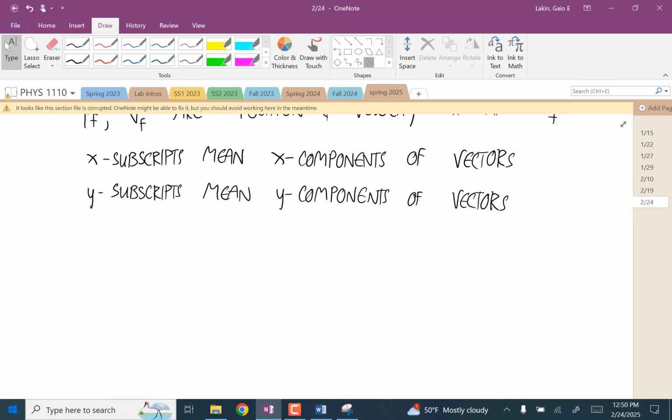So I'm going to start by writing out the one-dimensional equations. We had one that said V final is equal to V initial plus A TF. Leave room for some subscripts here because we're going to put some X's and Y's in these. And leave space for one equation below that.